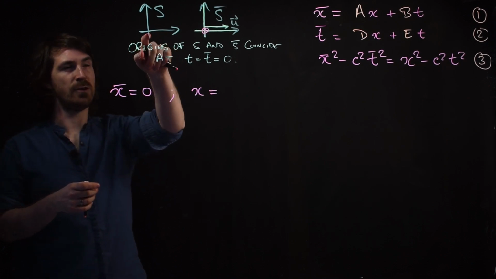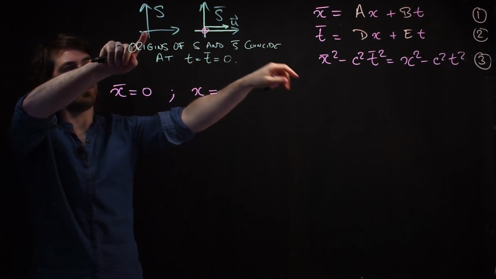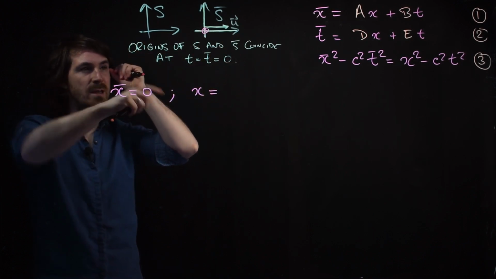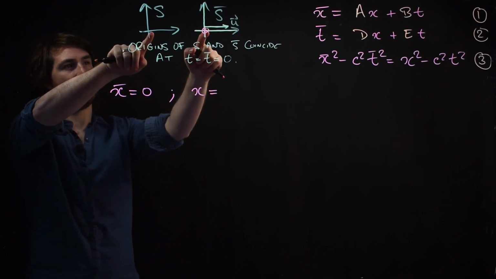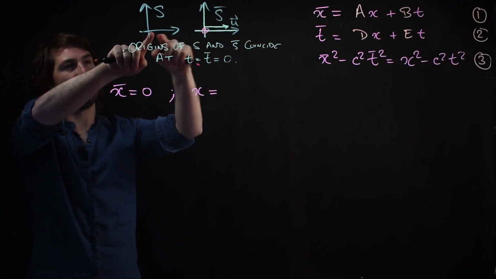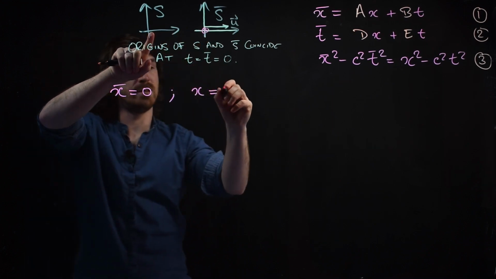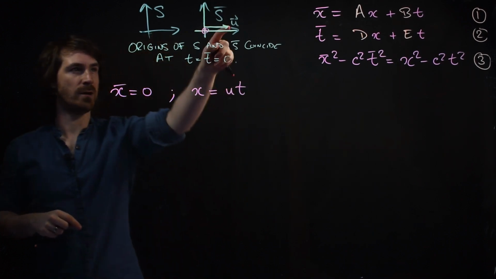You're sitting at the origin of S, and you see this frame S bar moving away from you with velocity u. So at some general time t, not equal to 0, the origin of S bar will have moved a distance from the origin of S, and the distance is just u times t. Okay, u is the magnitude of this velocity.